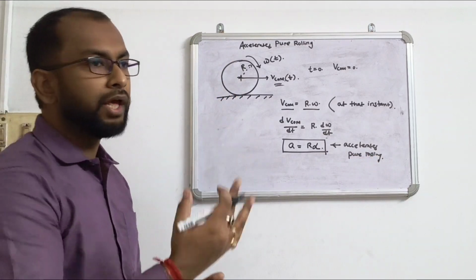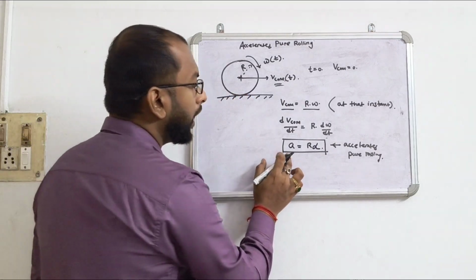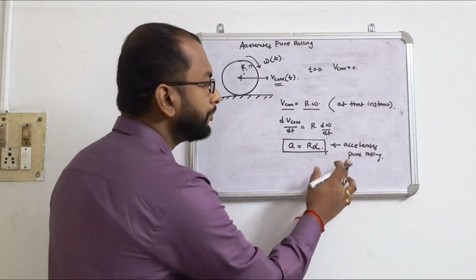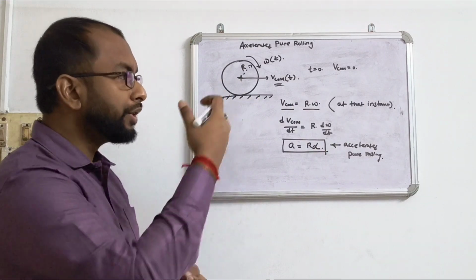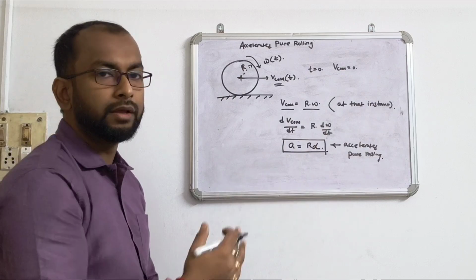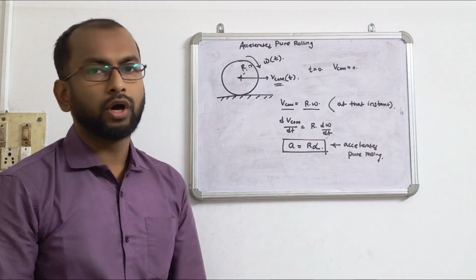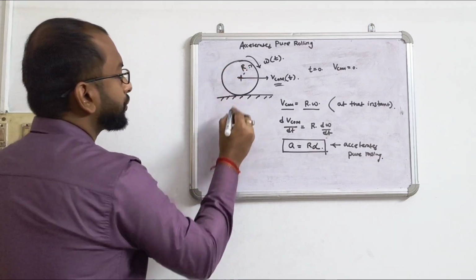If there is no skidding or slipping happening at the point of contact, A should be equal to R alpha at every point of time if it wants to have pure rolling. Or during the acceleration also, if it is not skidding, we can tell that A should be equal to R into alpha.